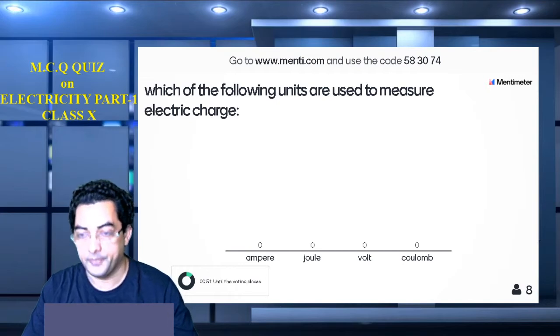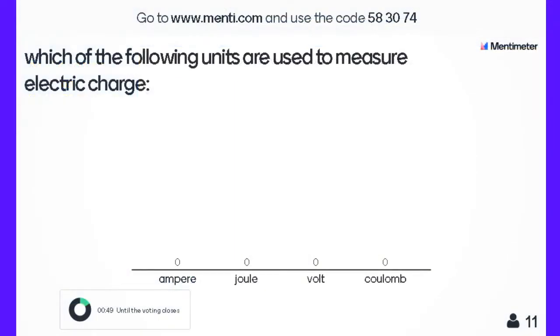Is it volt? Or is it coulomb? You have got four options: ampere, joule, volt and coulomb. Come on, 30 seconds are already over. You've got only 30 seconds left.